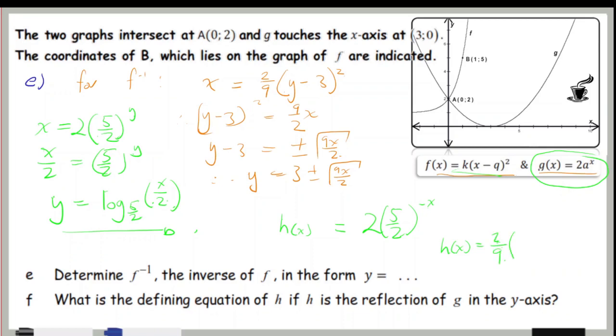So it's 2 to the power 9. And then we shall have, remember, the x values need to flip. Okay, so in that case, we're just going to end up with x plus 3 all squared.